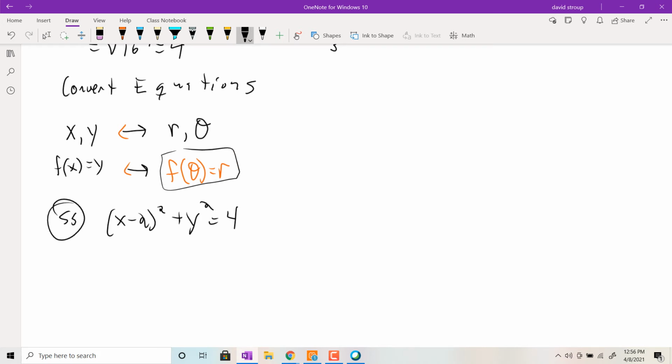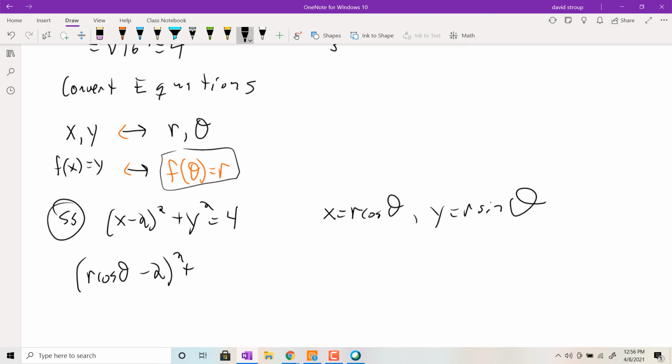Okay, so the only formulas I have for converting x into y will be x equals r cosine theta, and y equals r sine theta. So let's put those in the places. I'll have r cosine theta minus 2 squared plus r sine theta squared equals 4.